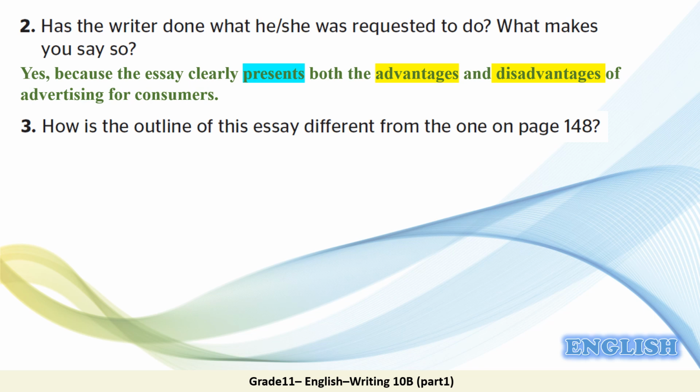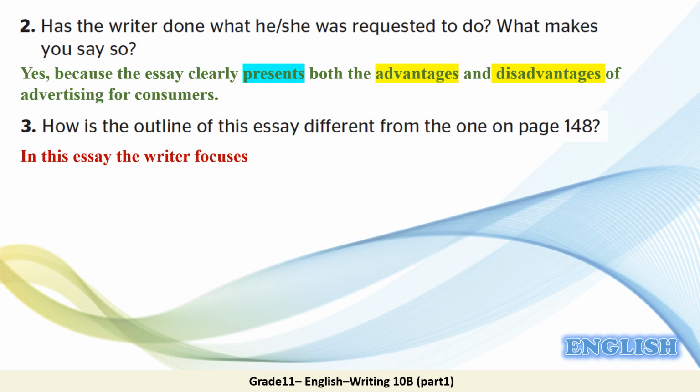How is the outline of the essay different from the one on page 148? Kindly pause the video again, go to page 148 and read the essay there. You can see a difference between the organization of this essay and that on page 148.